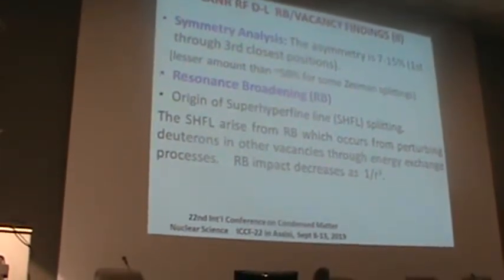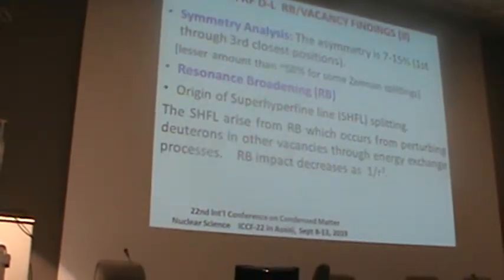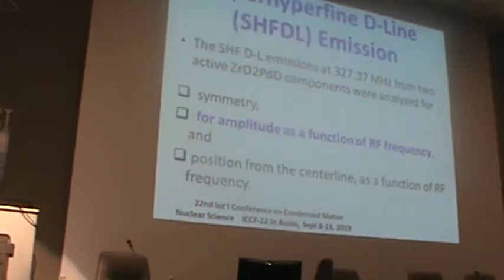The next thing we're going to look at is resonance broadening. And resonance broadening falls off as 1 over r cubed. And what we are, okay, that'll be next. Looking at the intensity. See, here's the center. I don't understand, this will be the first closest neighbor of where the deuterium is, as I'll show you.